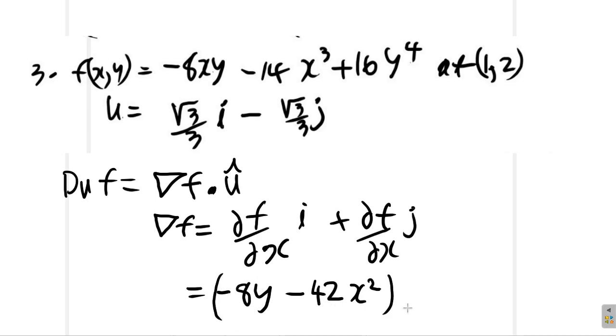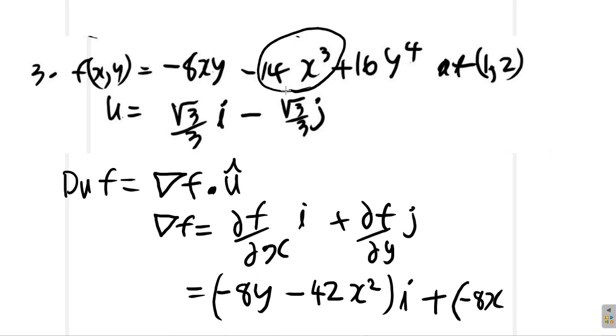So it's that i, plus delta f by delta y, j. Why did I write x here? Supposed to be y. My mistake there. So that's going to be negative 8x for that part.